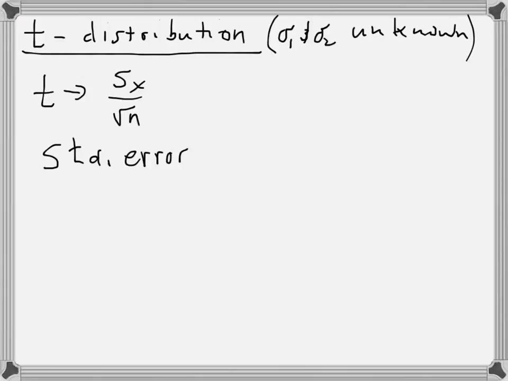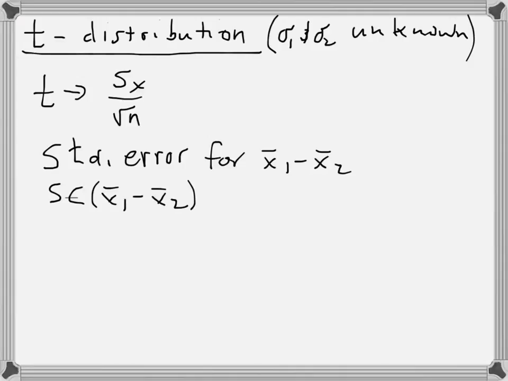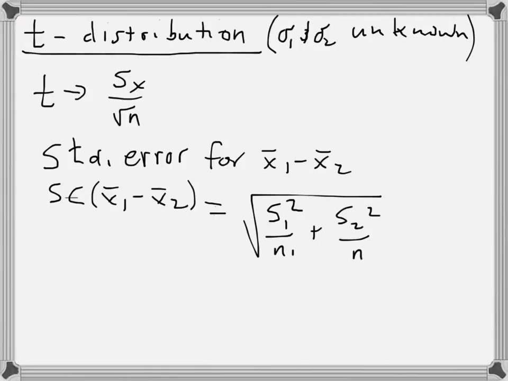The standard error of x bar 1 minus x bar 2 is going to equal the square root of S sub 1 squared over n1 plus S sub 2 squared over n2.